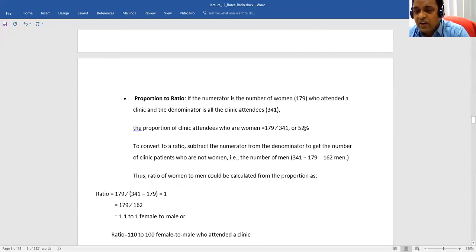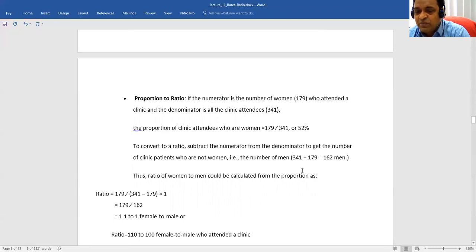Now you can find the attendance of men, because if you subtract the women, you will get the male. So male divided by 341 gives the attendance of men in the clinic. But now we can get the ratio. For the ratio, I can get the proportion of female to male. I have female 179. How can you get the male? The total is 341; if you subtract 179, you will get 162 men.